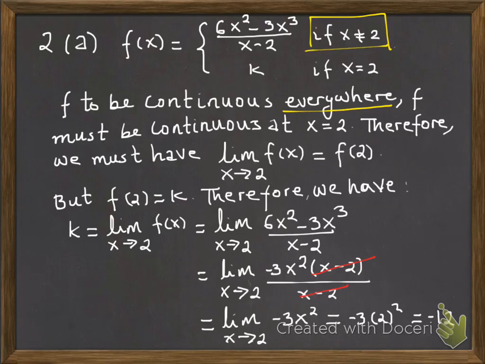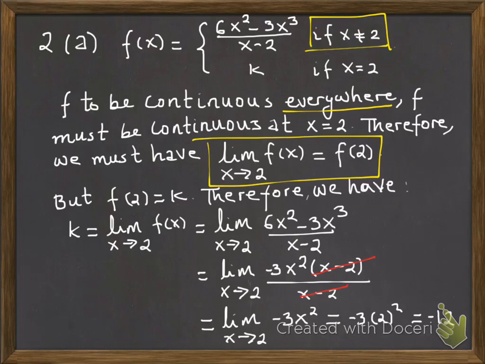So what does it mean for the function to be continuous at x equal to 2? That means we require this condition to be satisfied. So therefore, the problem boils down to manipulating what I wrote in this yellow box.